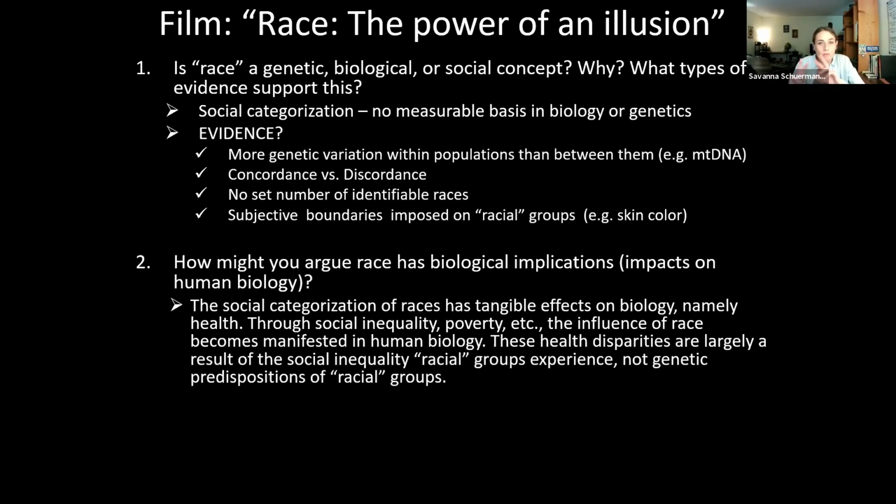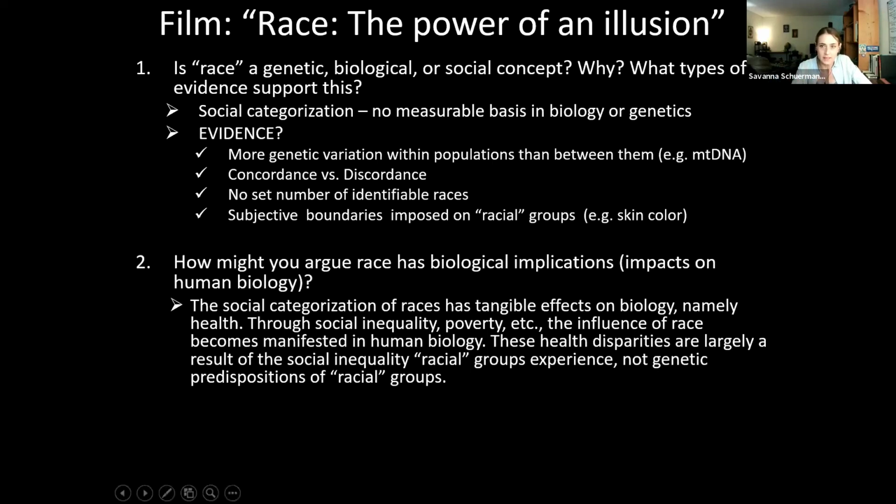The influence of race becomes manifest in biology. The health disparities, though, that you'll hear people talking about on the news, like African Americans have higher rates of hypertension. It's not because of their skin color or they're not genetically predisposed to that. It's from the lived experience, right?